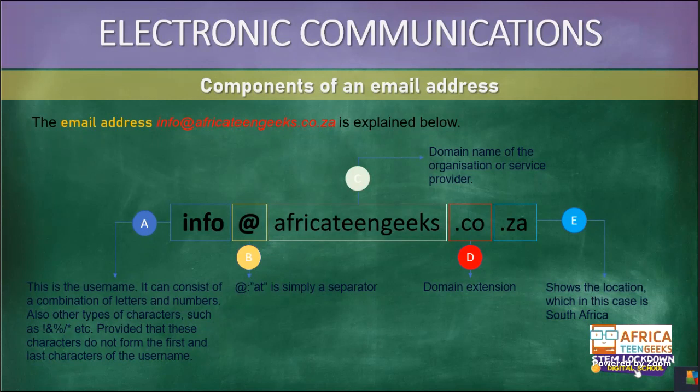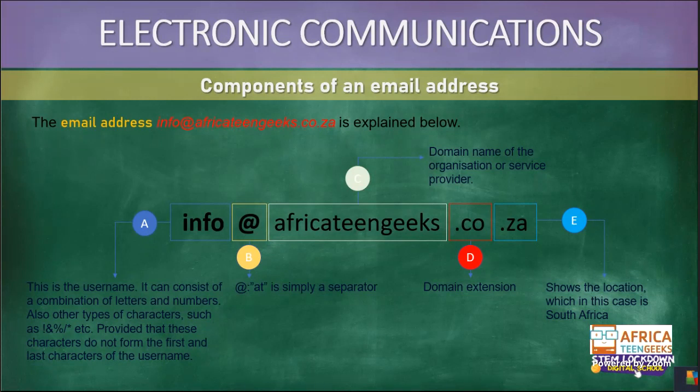If we are dealing with Gmail, you will see there is Gmail as the domain name. So it depends on the domain name. If you are dealing with, for instance, let's take universities, Stellenbosch, you will see it's SUN, and then UCT or UNISA. These are domain names and they represent the organization, right?